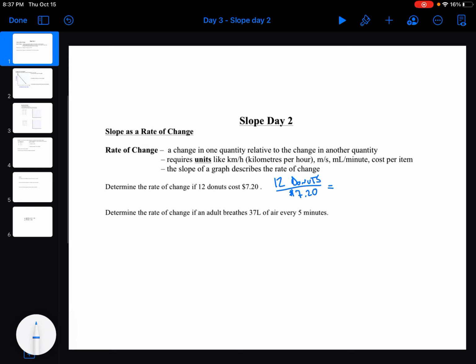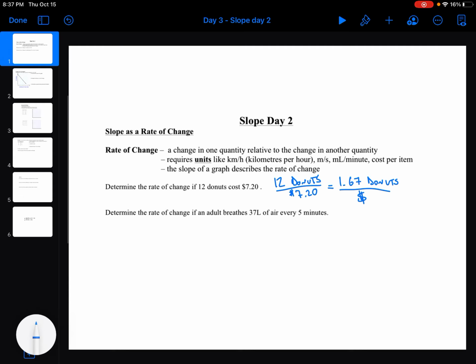Now the rate of change here, all we have to do is 12 divided by 720, and we're going to get 1.67 donuts per dollar.